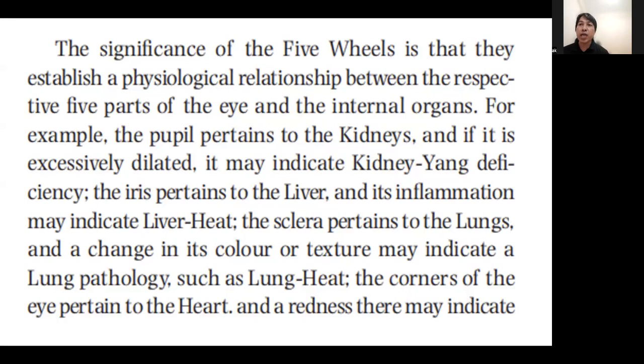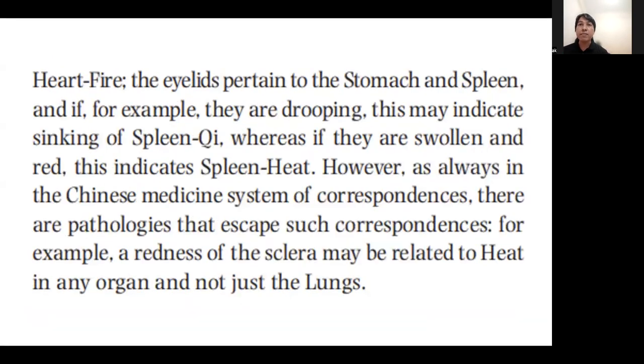The iris pertains to the liver, and its inflammation may indicate liver heat. The sclera pertains to the lungs, and a change in its color or texture may indicate a lung pathology, such as lung heat. The corners of the eye pertain to the heart, and a redness there may indicate heart fire.